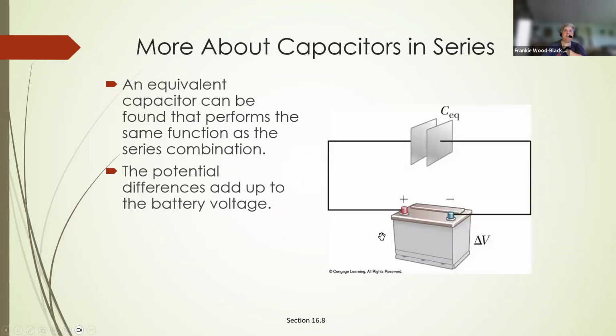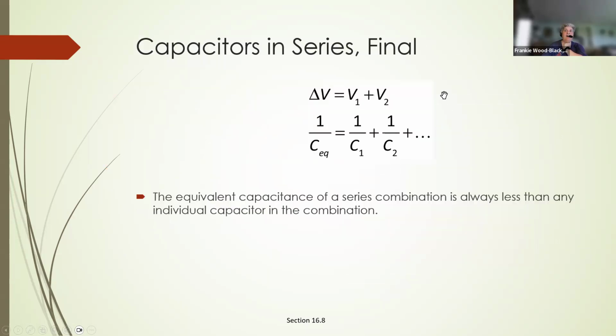And what's going to happen is I'm going to get an equivalent capacitance for that, except now it's based on the 1 over the individual ones. And these are going to get tricky. And what we're going to see when we get to resistors, it's going to be the opposite.